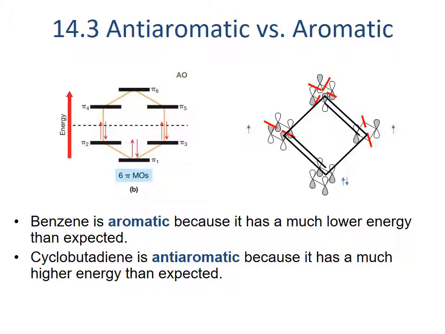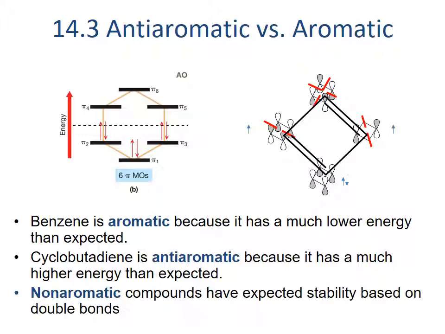We call this anti-aromatic. We can also have non-aromatic compounds whose bonds behave just like normal double bonds or simple conjugated bonds. For example, double bonds that are separated by an sp3 hybridized orbital or linear molecules would be non-aromatic.